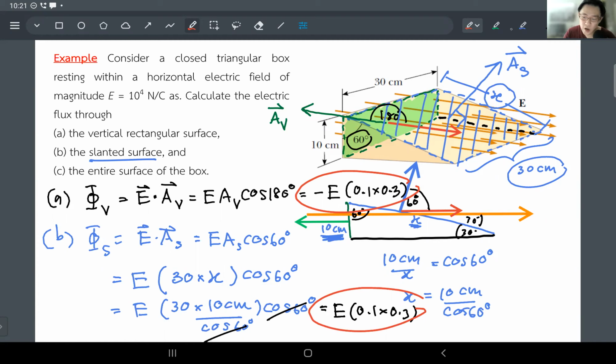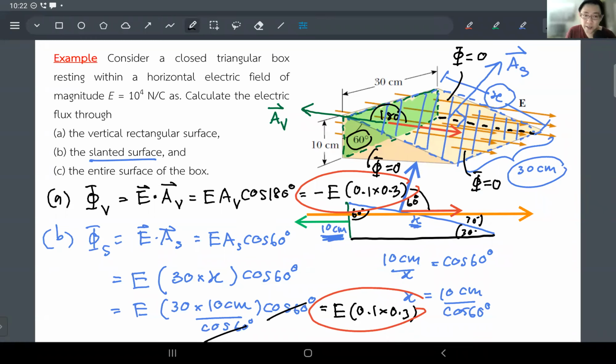Why? Because you're not going to get anything from the front. The front surface gives you zero flux. Okay, that's for sure. So I can just highlight this one. This gives you zero flux. The back side over there will give you zero flux as well, because there's no penetration through the front and the back. And what about the bottom? Well, at the bottom also zero flux. See? So there's no flux to the bottom. There's no flux to the front. There's no flux through the back. There's only flux penetrating through these surfaces. It's just from the vertical and the slanted, right?